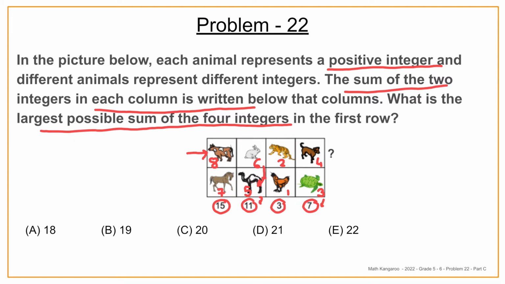Now let's add up the values in the top row, which includes cow plus rabbit plus tiger plus dog, that gives us 20. So our answer is option C, 20.